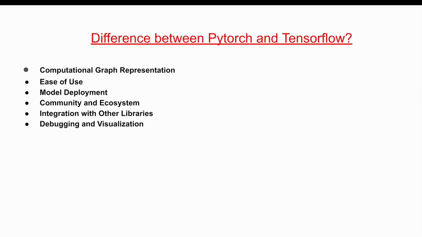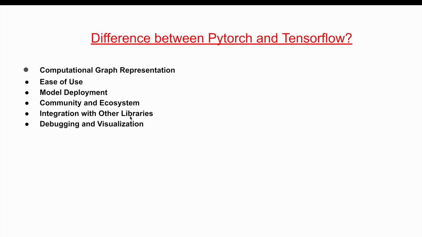PyTorch, on the other hand, its dynamic nature can simplify debugging as developers can inspect and modify the computation graph more easily during runtime. However, PyTorch may lack some of the comprehensive visualization tools that are available in TensorFlow.